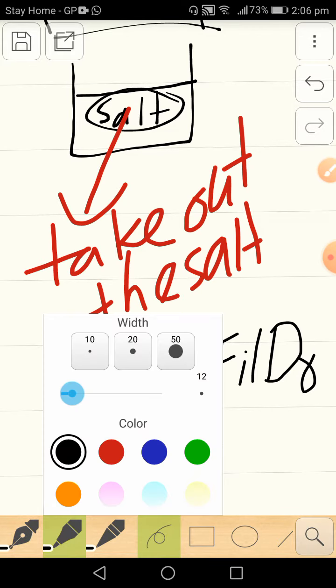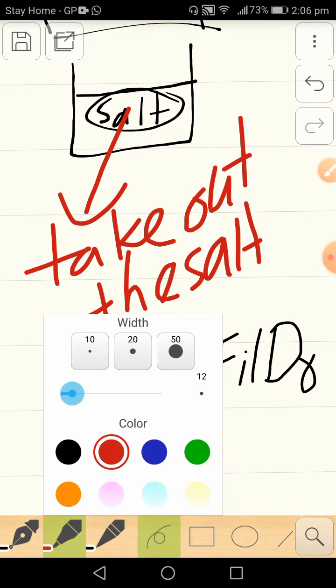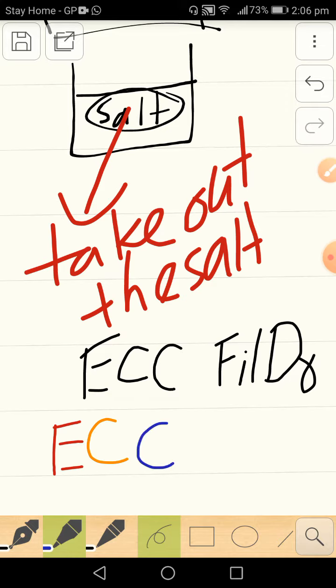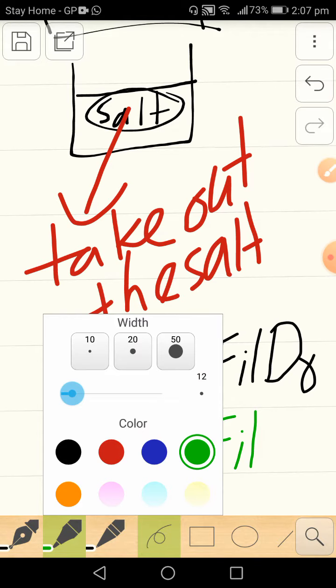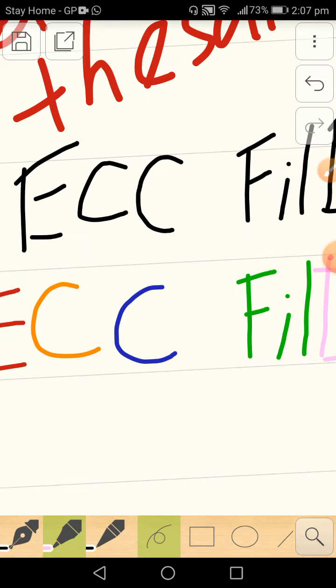Let me write it by changing colors. So English Cricket Club Fielder.